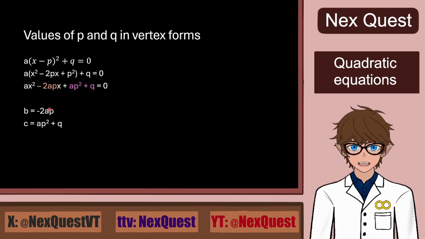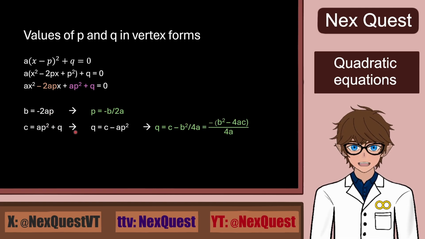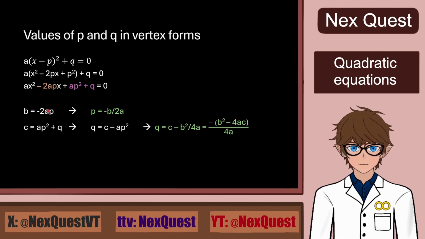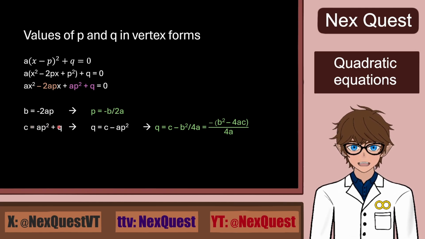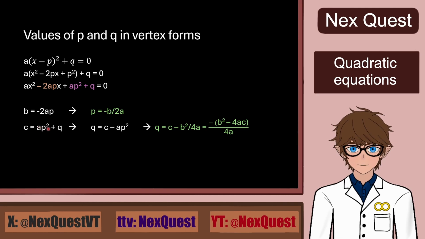Now let's take out P and see what the value of P would be. And the same for Q. We isolate P, divide by minus 2a, and we get P is minus b divided by 2a. And when we isolate Q, we get c minus a p squared.